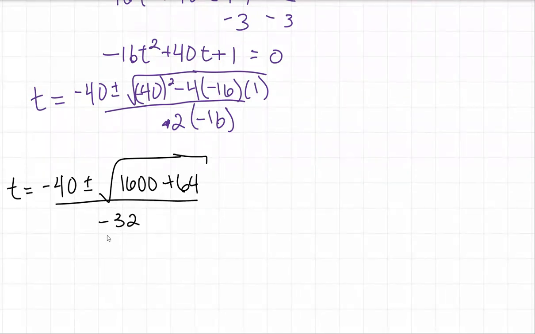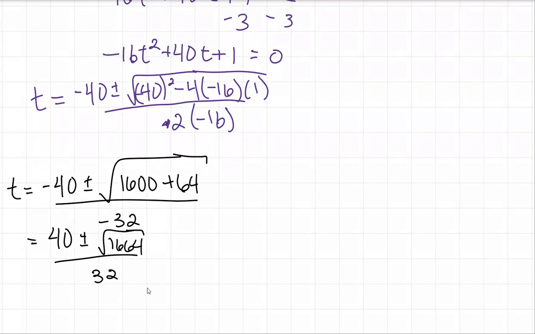So why don't we take care of this negative already? We're going to divide that negative in eventually. That's just going to make our 40 in front positive, and it technically switches this, but we don't really have to notate that. It's still going to be plus minus. So plus minus the square root of 1,664 divided by positive 32 now.